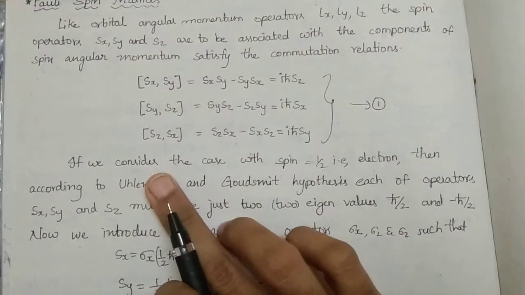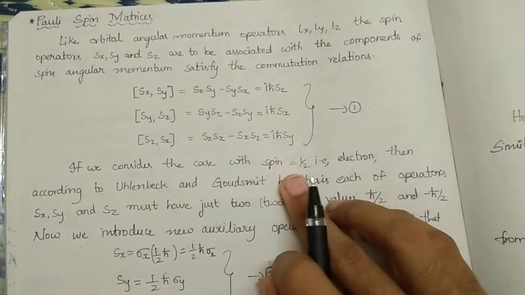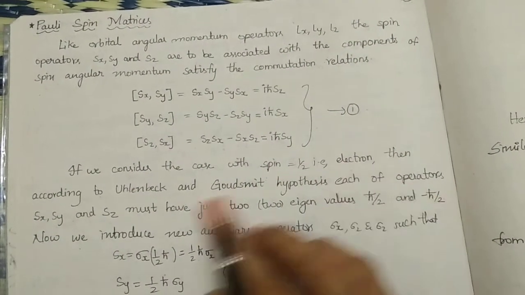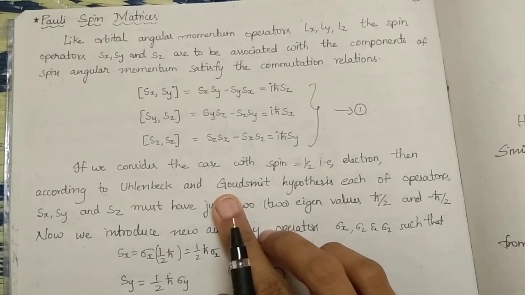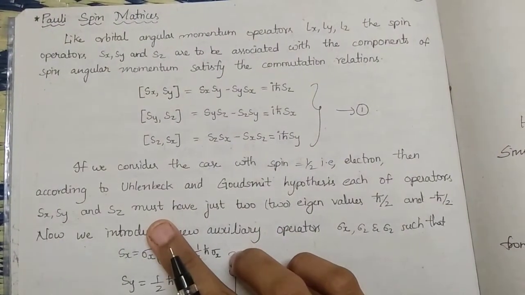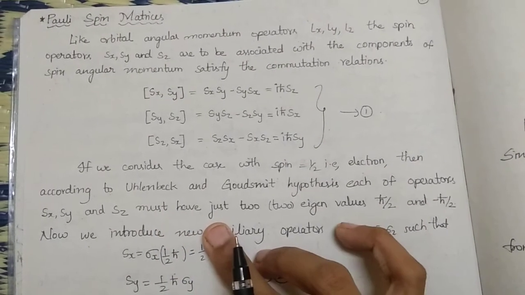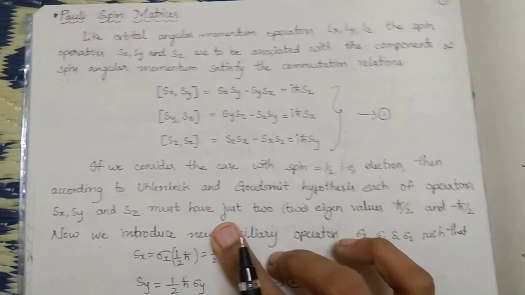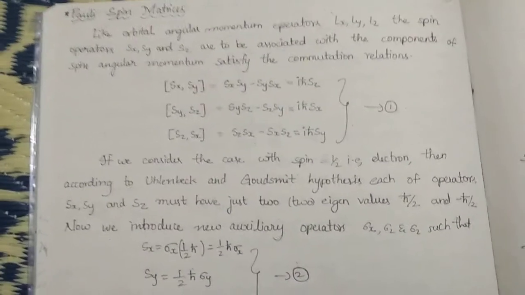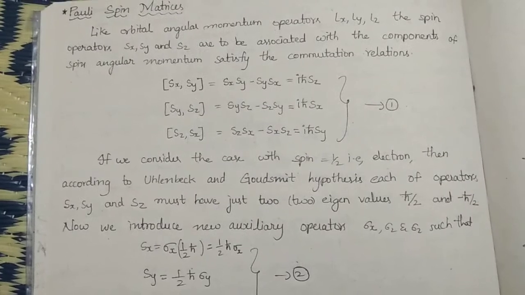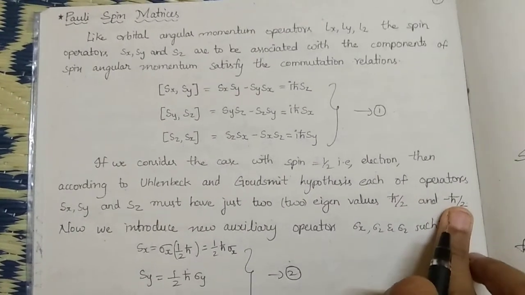Next, if we consider the case of spin equal to half, that is the electron, then according to the Uhlenbeck and Goudsmit hypothesis, each of the operators Sx, Sy and Sz must have two eigenvalues, h cut by 2 and minus h cut by 2. So for spin half electrons, on that basis we should have eigenvalues equal to h cut by 2 and minus h cut by 2.